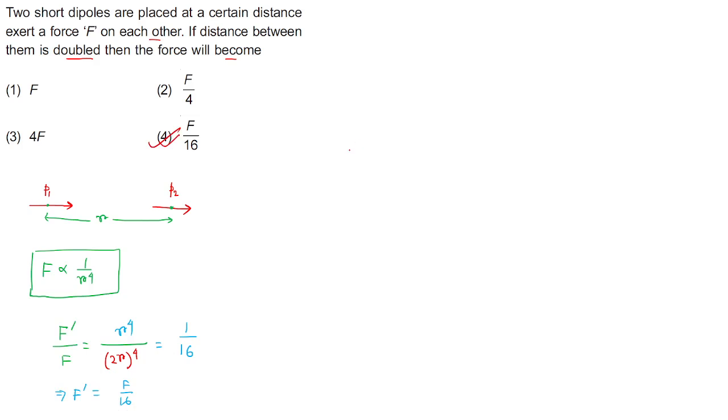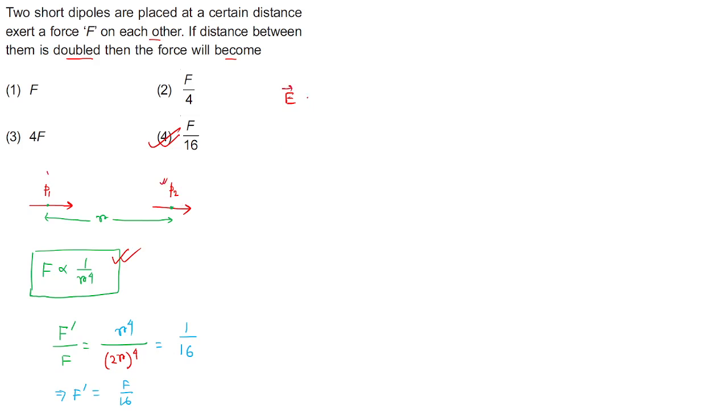But it's better to see how we get the relation F proportional to 1 by R to the power 4. We have to find the force between them. Before that, let's write the value of the electric field at the position of P2 due to P1.